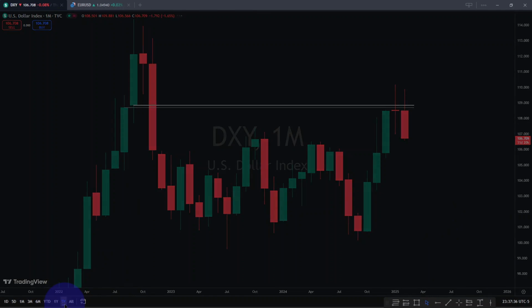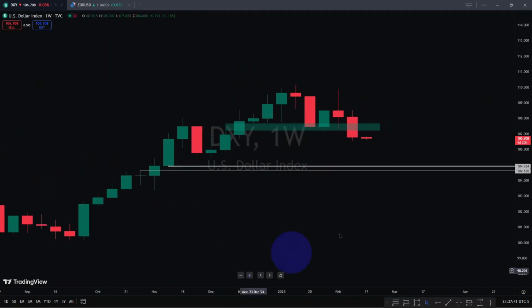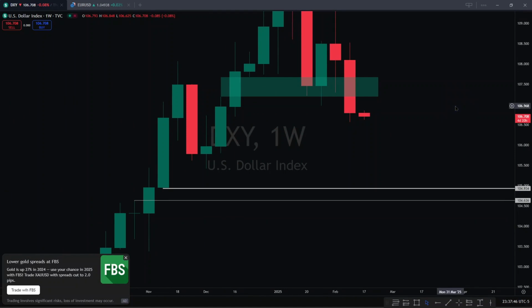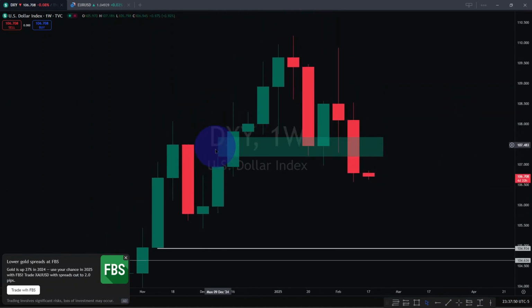So that being said, on the weekly chart, if you look at the dollar index on the weekly time frame, we have this old weekly gap, and this is where the bulk of the consolidation has been in the past couple weeks, failing to get into this gap here, and now returning to this gap, and staying above this gap.